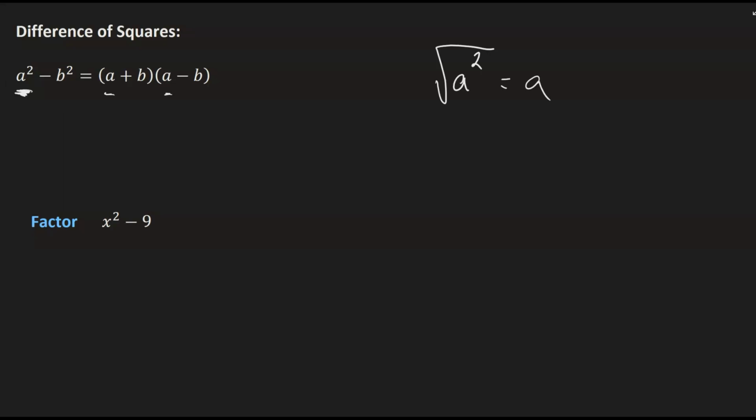And the second one is b squared, and if I square root that, I get b, and they occur as the second term of each of the factors. In one bracket, we have a sum, and in the other, we have a difference, and it doesn't matter which order they go in.